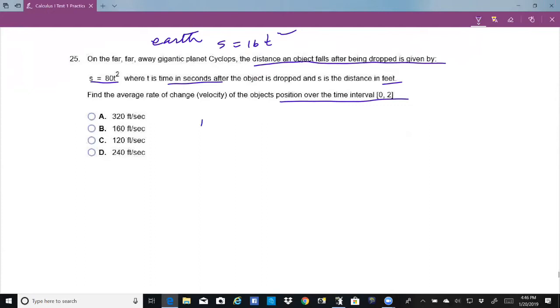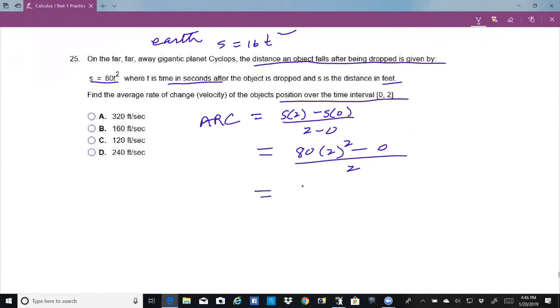So the average rate of change is going to be S of 2 minus S of 0 over 2 minus 0, which is 80 times 2 squared minus 0 over 2 equals 320 divided by 2 equal 160. So the average rate of change is 160.